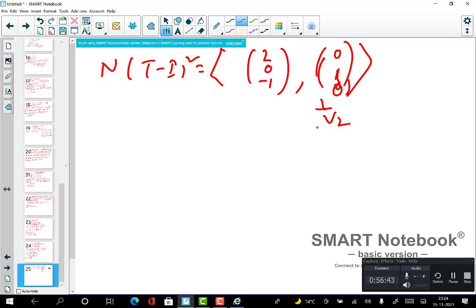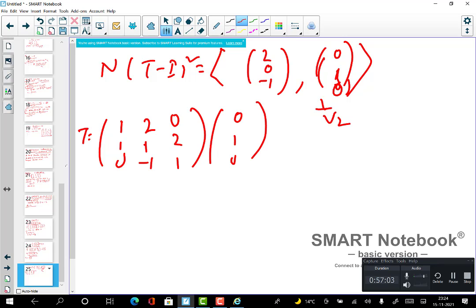Okay, and not only that, you also check that this vector has the same property. If we apply the matrix T, which is 1 1 0, 2 1 minus 1, 0 2 1, to 0 1 0, then it will be exactly 1 2 0.